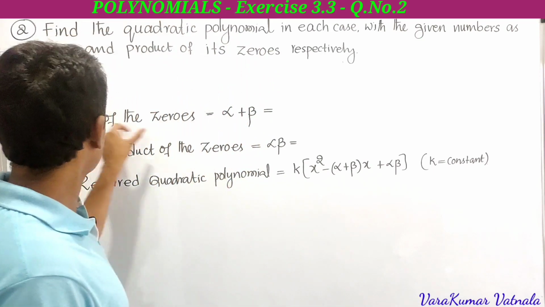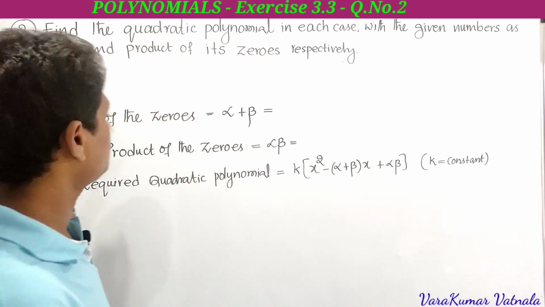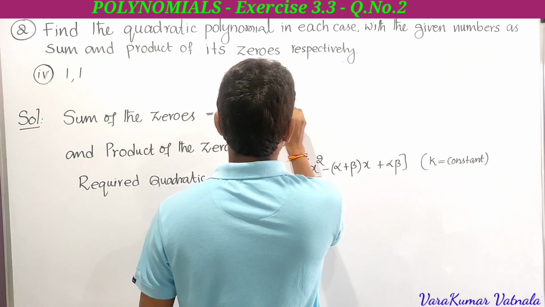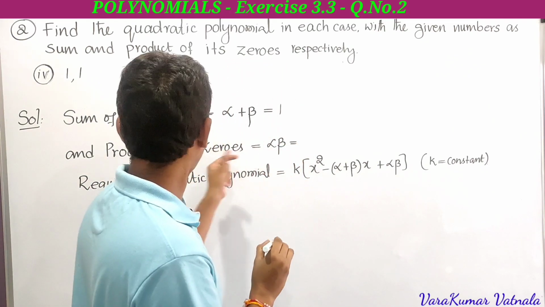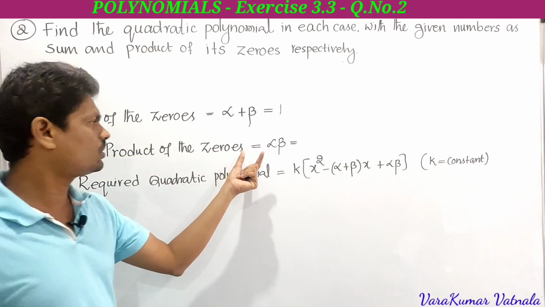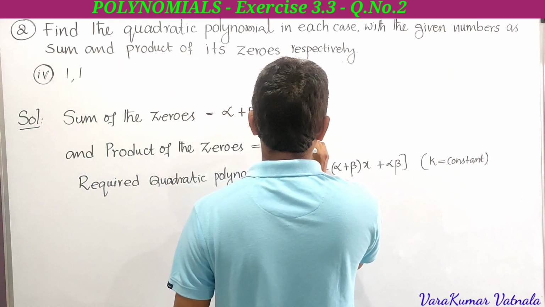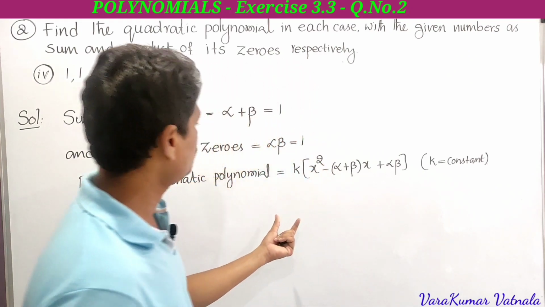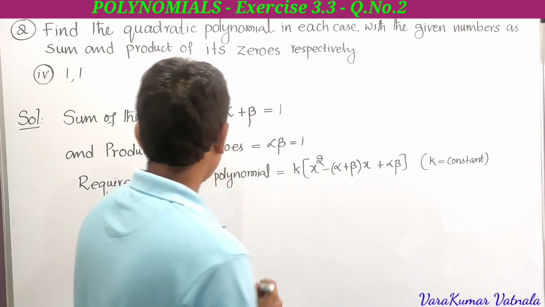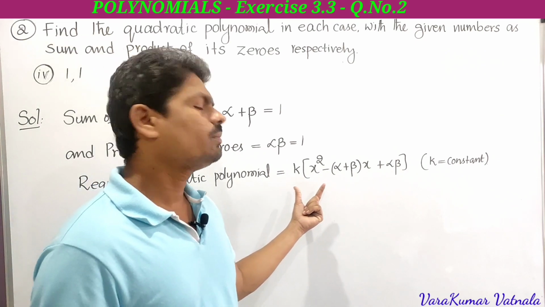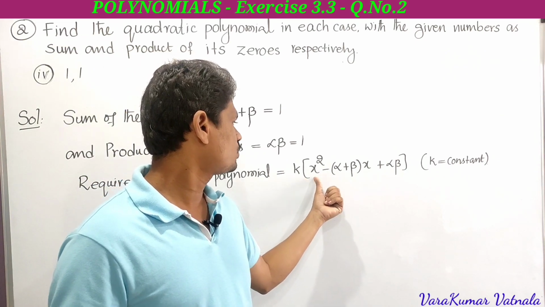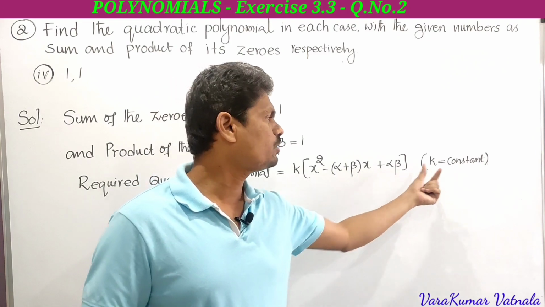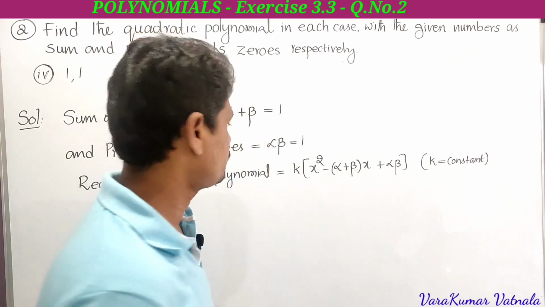So see here, sum of the zeros alpha plus beta is equal to 1 and the product of the zeros alpha into beta is also equal to 1. So now we have to substitute in the formula. Required quadratic polynomial is equal to k into x square minus alpha plus beta into x plus alpha into beta, where k is constant.